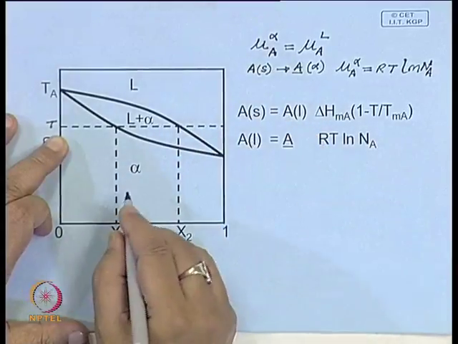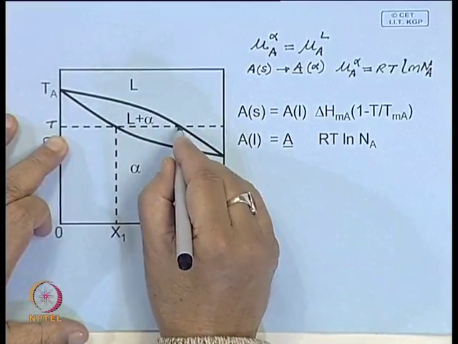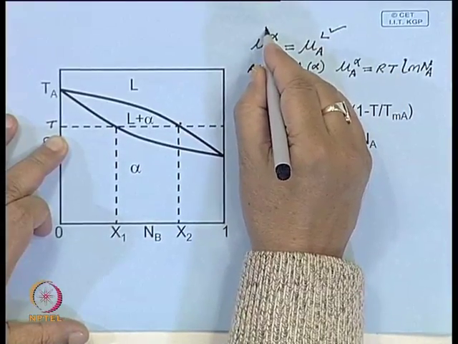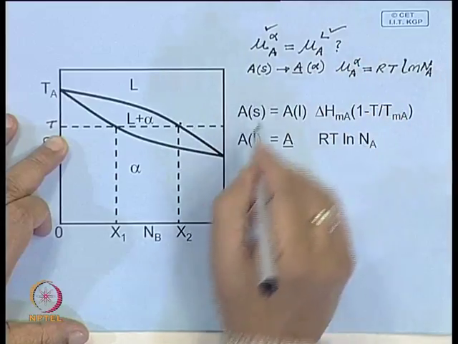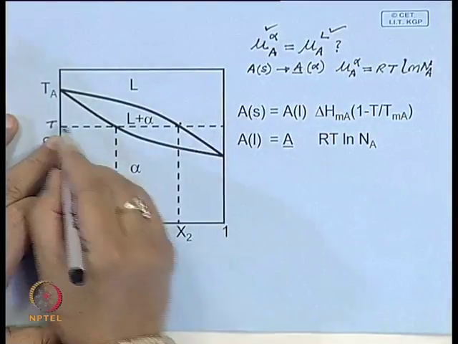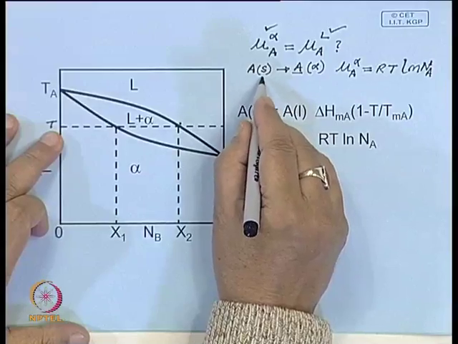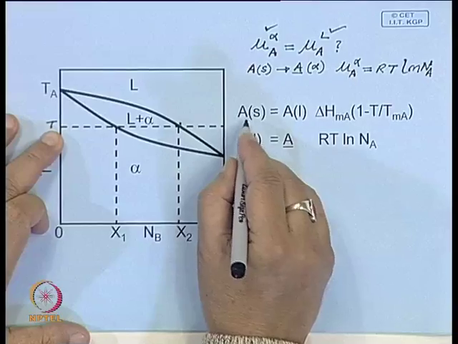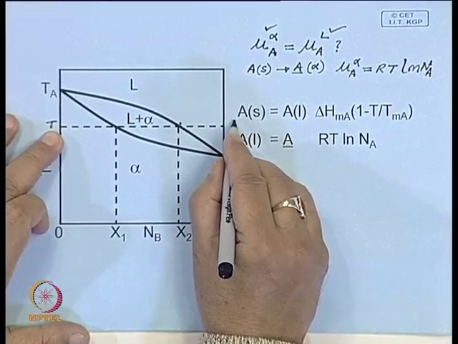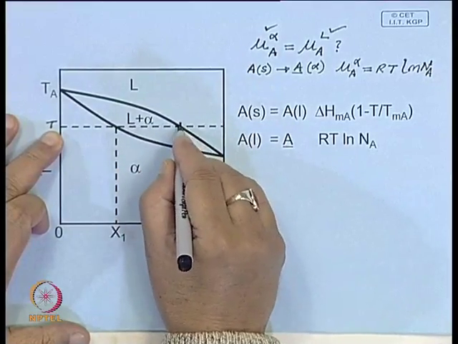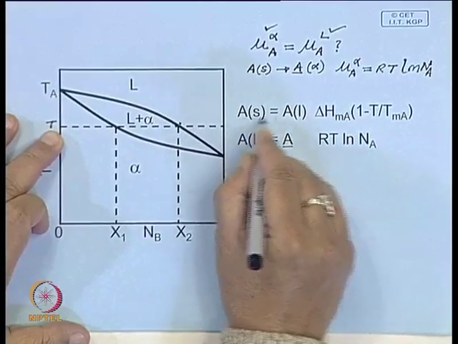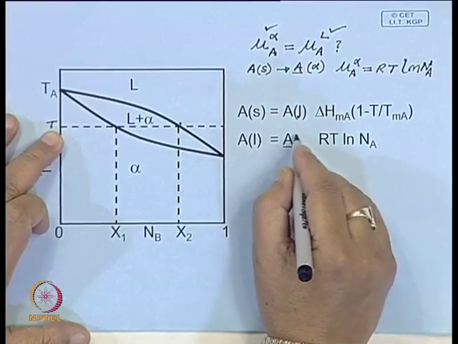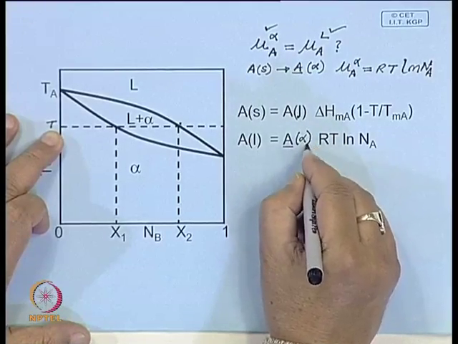Now, how do you estimate the same thing in the case of the liquid? This one is easy, it is done, but how do you get this? Here you have to use the same standard state. We have used the standard state here, pure A at temperature T. So, if you consider pure A at temperature T, this has to be transformed into liquid, and A in liquid goes into solid solution, it forms alpha.